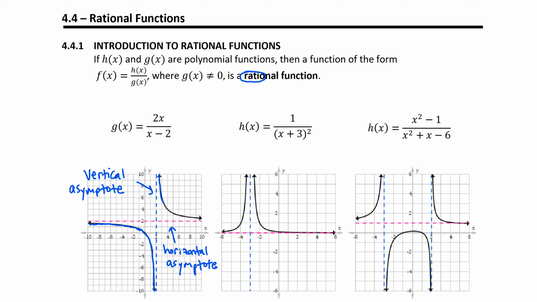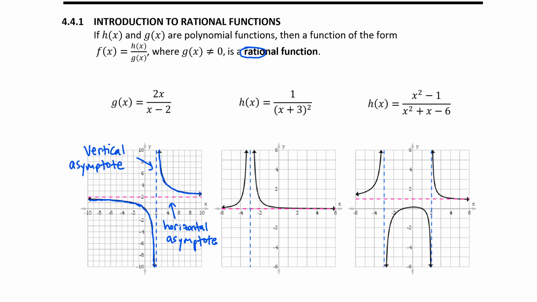So our graph is getting infinitesimally close, that means really, really close, to that vertical line. And on this side, the graph is going to level out above the horizontal asymptote. Sometimes horizontal asymptotes are used to describe long-term behavior or some sort of steady state capacity.